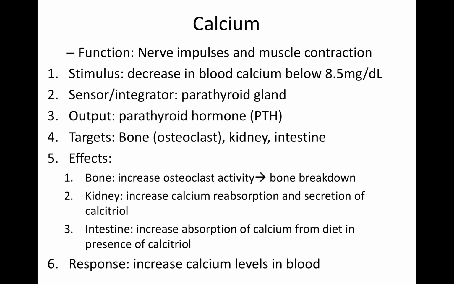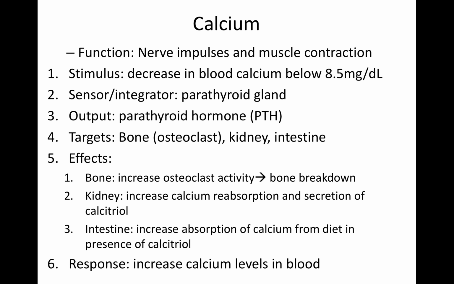We have the following components. We had a stimulus, you have a sensor and/or integrator, which creates and releases something we refer to as output. Output has specific targets, and when output interacts with your targets, it causes certain changes, which we refer to as effects. And all of these effects end up with a final response, which basically has the goal to reestablish the homeostasis.